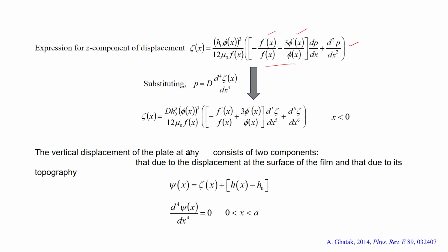Here we will also substitute for P. P is the pressure, and remember that the pressure has to be equal to the bending force arising from the deformation of the film at the surface.